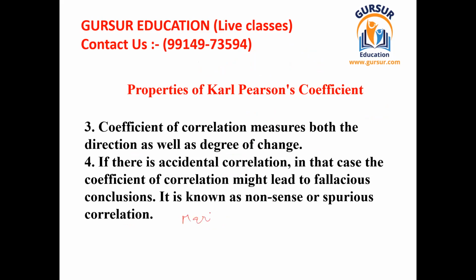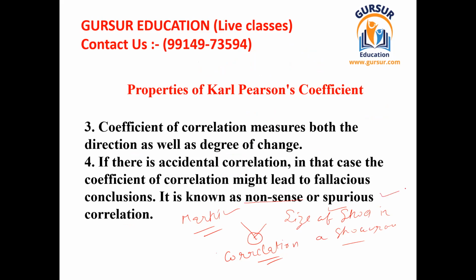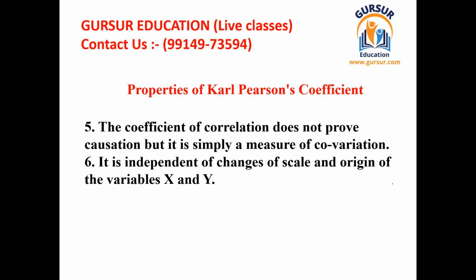Simply put, marks and size of shoes in a showroom. Marks and size of shoes do not have any kind of common sense relationship, but still you can find their correlation if their data points have been given. But that correlation will be a nonsense correlation or a spurious correlation. This is the fourth property.